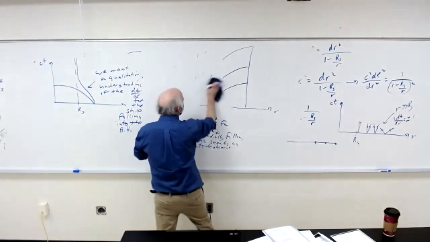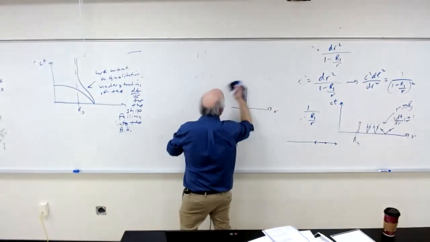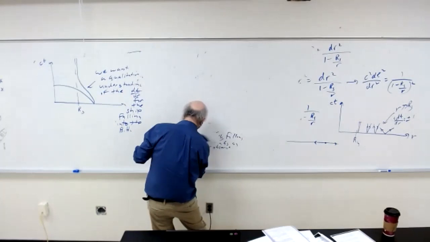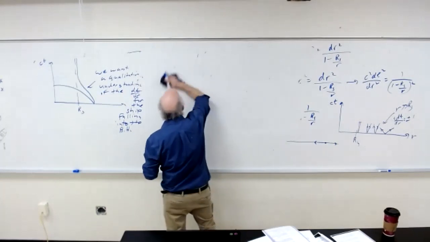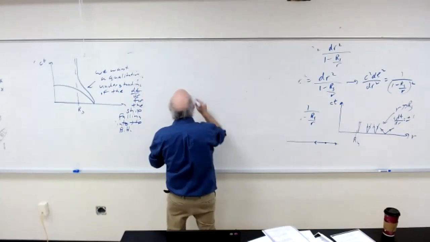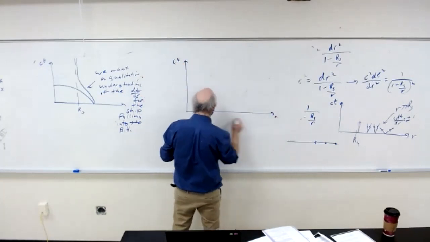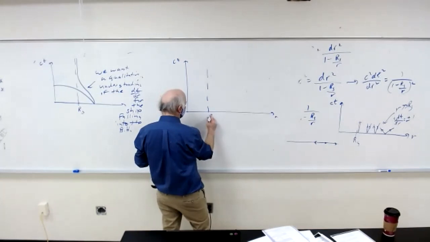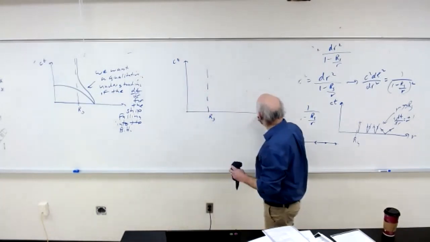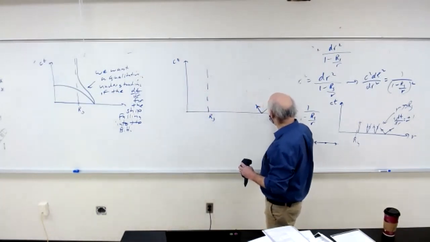It's actually kind of easy to understand qualitatively. So let's say here's this, here's this, here's this. If I'm far away, here's your light cone. So this is the light cone.